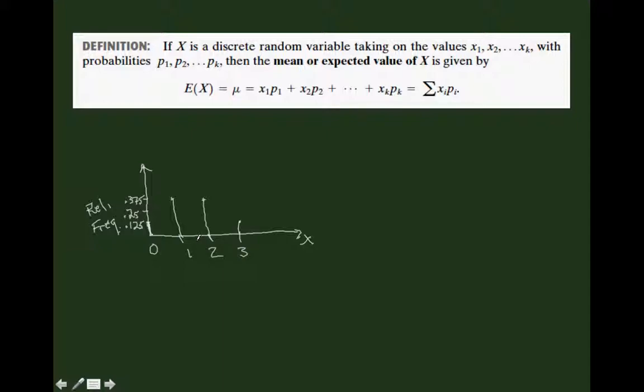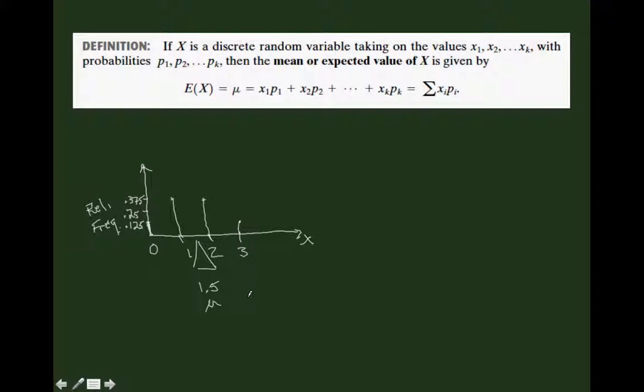Notice that the balance point for that distribution is at the expected value mu. And that's another way to think about the expected value or the mean. It's where the distribution would balance.